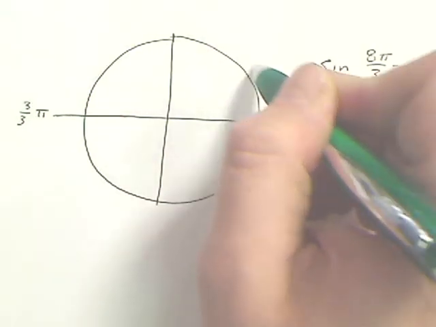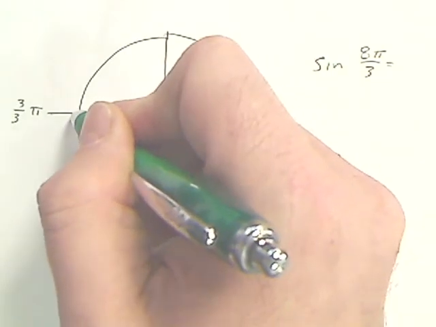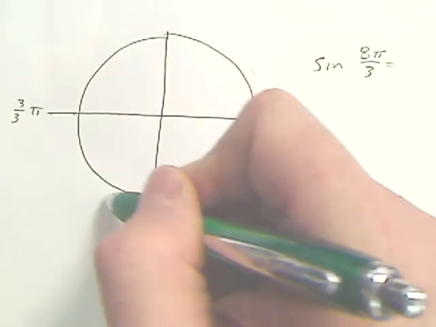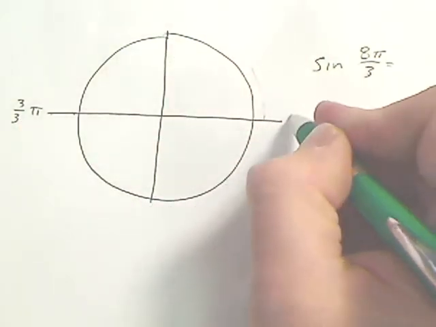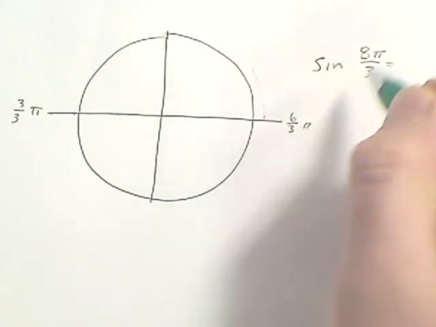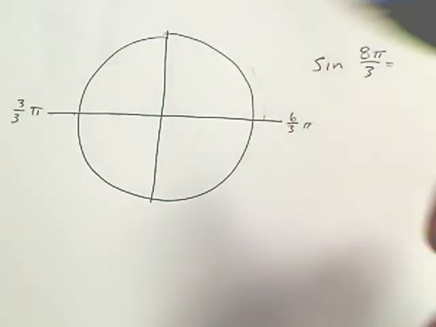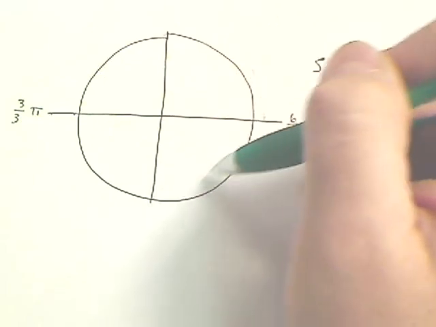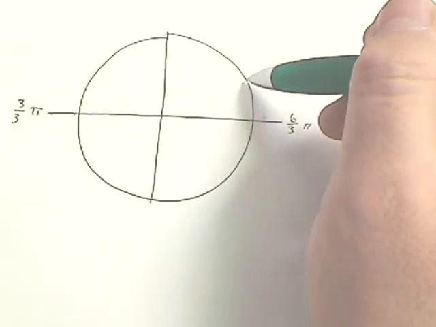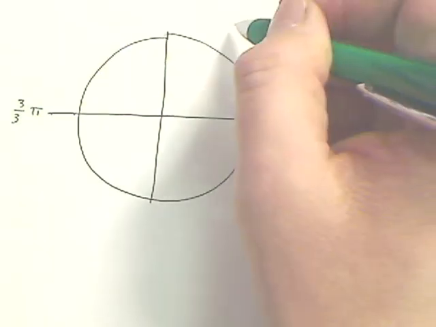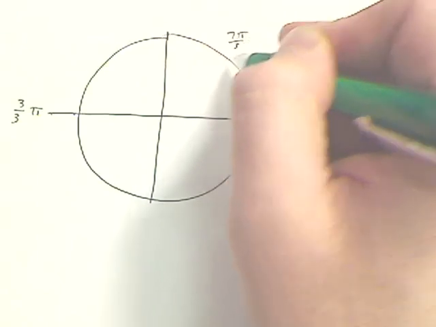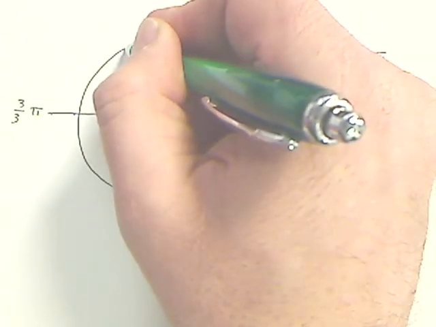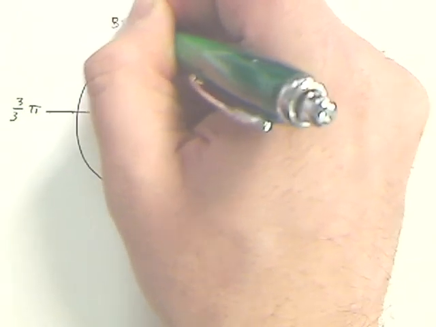Starting from 0 and going counterclockwise, half a circle you'd be at 3 over 3. Getting all the way around the circle you'd be at 6 over 3. We need to get to 8 over 3, so we have to continue going in the counterclockwise direction. The next third that you would get to is 7 over 3. So another third puts you right over here at 8 over 3.